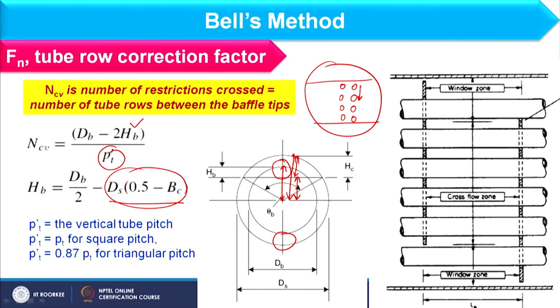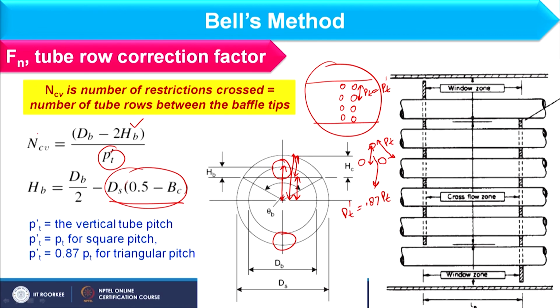If a square pitch is there, this will be equal to PT, and that will be equal to PT dash as well. Now, if I am considering triangular pitch like this, PT is this, but this distance is slightly lesser than PT. So, it would be 0.87 into PT, which is equal to PT dash, right. That is the gap between two tube rows.